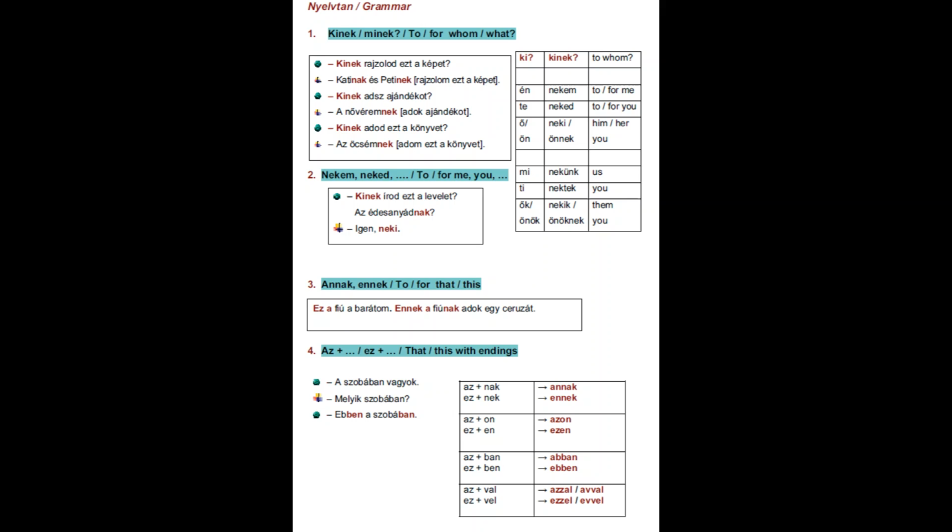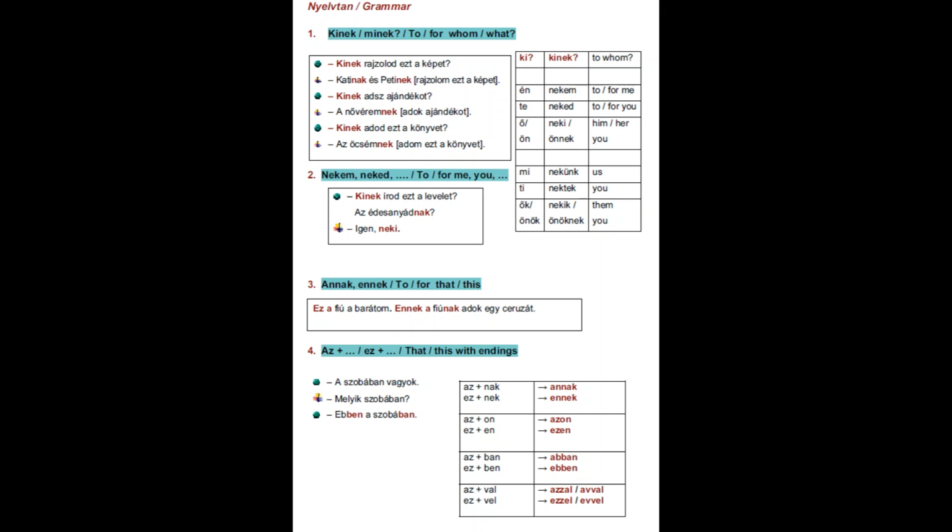So "azon" means on that. "Ezen" means on this. "Azon" is on that, because "az" is that. "Ez" is this. "Ezen" is on this. So "azon van," it is on that. "Ezen van," it is on this.